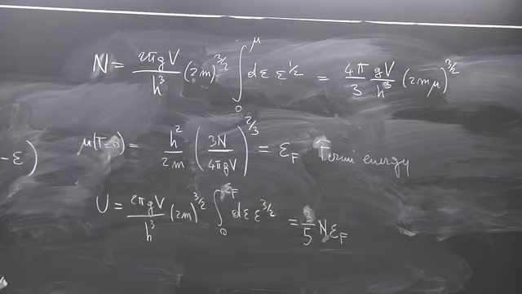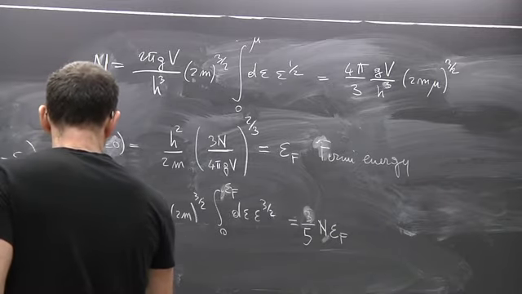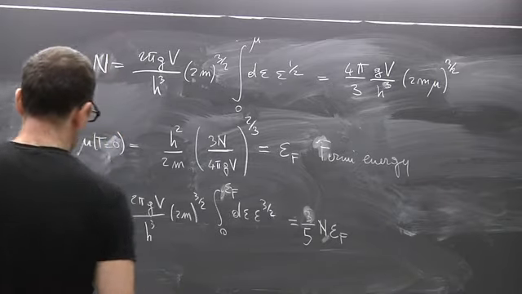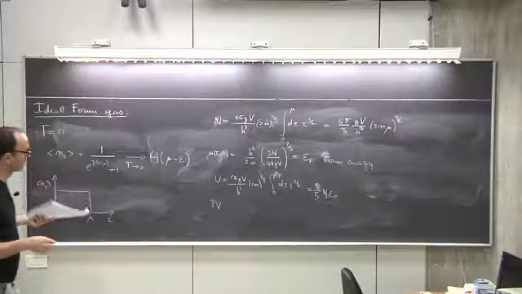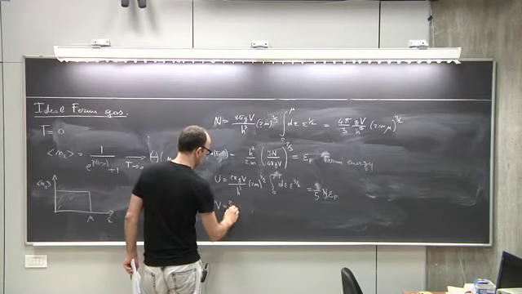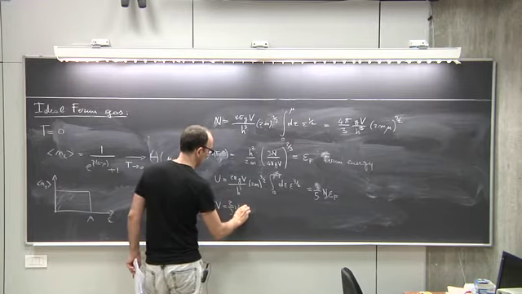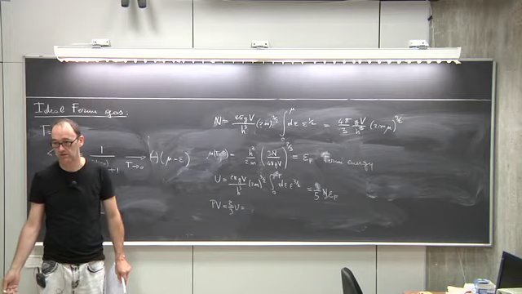What is remarkable about this system is that you can also compute the pressure. In order to compute the pressure, what you can argue is that the relation PV equals 2/3 of the energy still holds even at temperature T equal to 0.